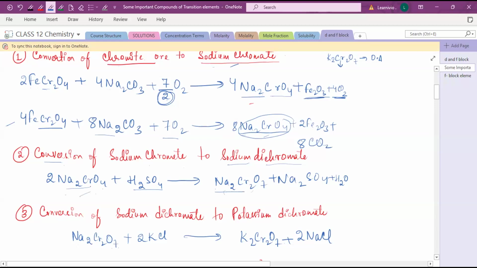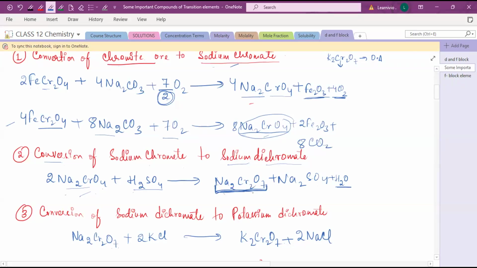When you treat it with acid, H2SO4, what happens? H2SO4 is a good dehydrating agent, so water will be removed and you will get Na2Cr2O7, sodium dichromate, plus Na2SO4, sodium sulfate. And this is your main compound. Is it clear, everyone?